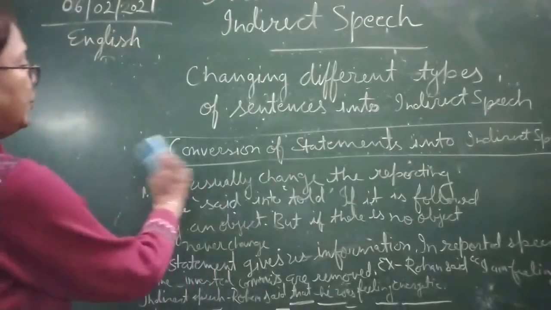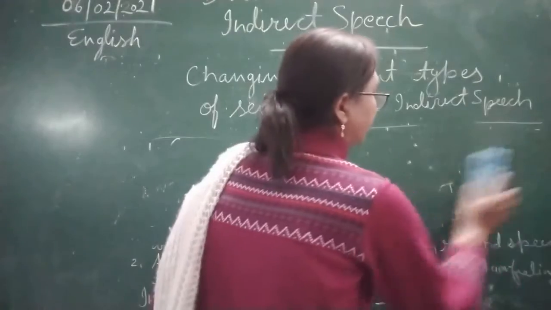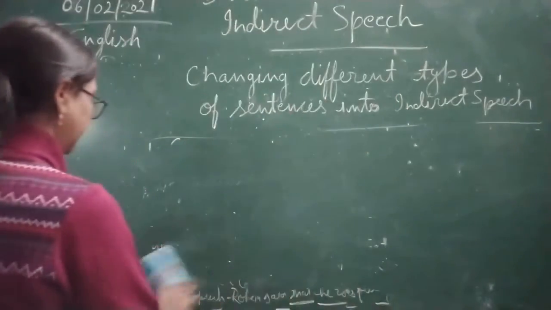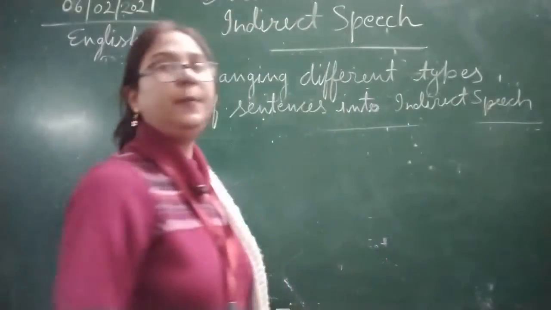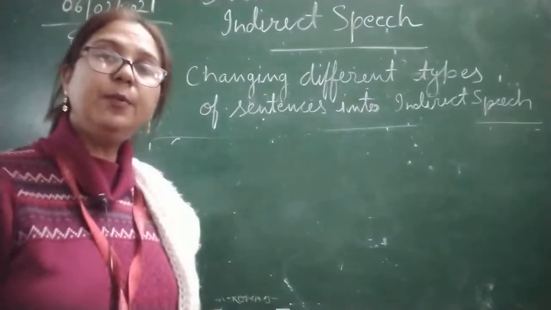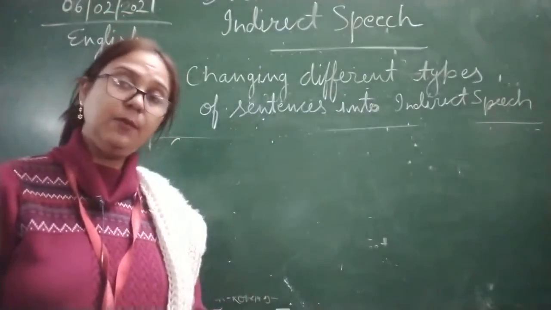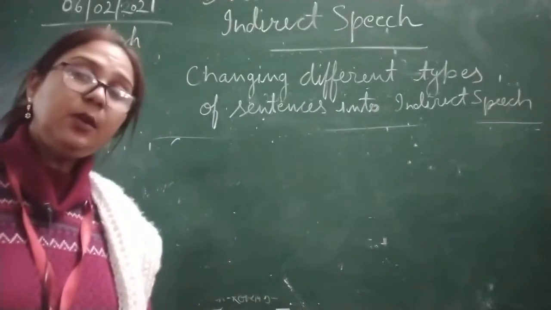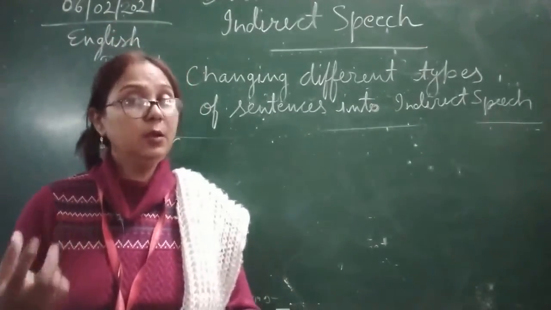Here I am going to write a few words which can be used in place of told and said, because it depends on the statement given by the person. We have different types of statements, so whenever you change direct to indirect, we can use these.